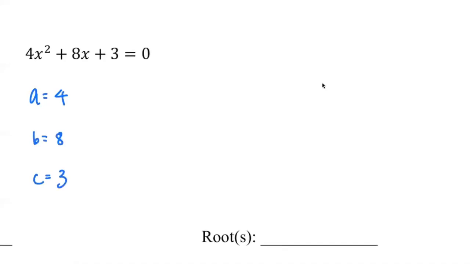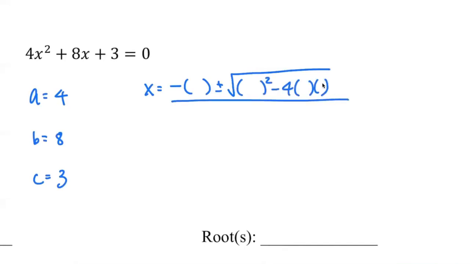So x is equal to negative b plus or minus the square root of b squared minus 4ac, over 2a. Okay, so negative b plus or minus b squared minus 4ac over 2a.